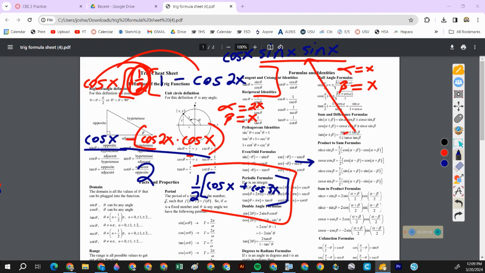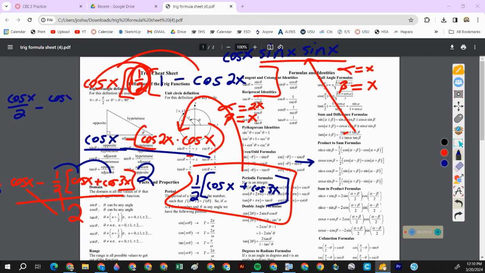So now all of this gets rammed into there. So we have the cosine of x minus 1/2 times the cosine of x plus the cosine of 3x, and all that's over 2. So I'm going to hit both of those with the divide by 2, and I get the cosine of x over 2 minus, distribute that in, the cosine of x over 4 minus the cosine of 3x over 4.